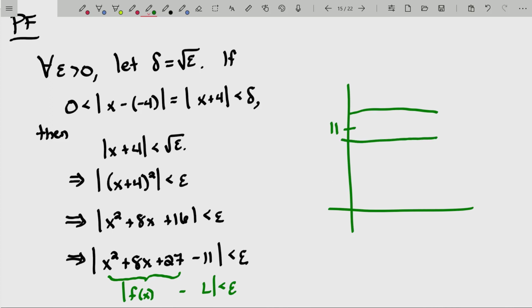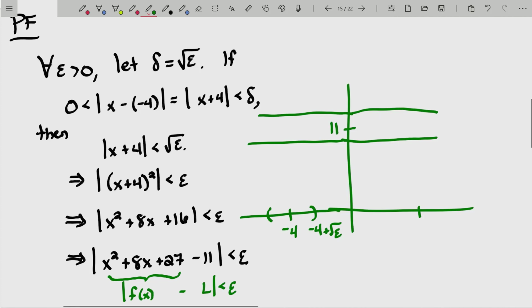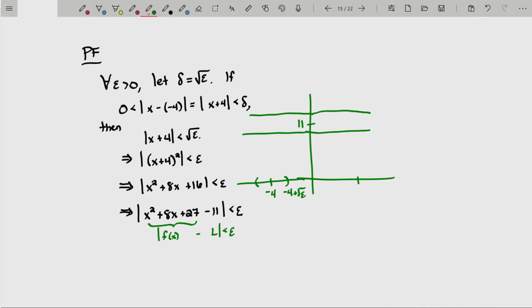I decided for my delta neighborhood about -4, I would choose a delta the size of the square root of the epsilon, whatever you handed me. And they say, you were okay with that? And they say, okay, well, fine. And you say, well, great. Just with that assumption that I built my delta neighborhood based upon your epsilon, I have forced the function to be within your epsilon neighborhood.